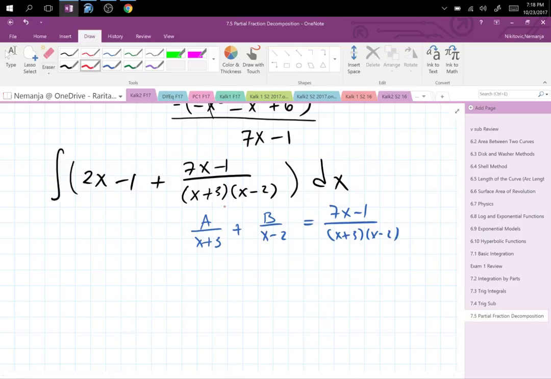Multiply the first one by x minus 2 and multiply the second one by x plus 3.